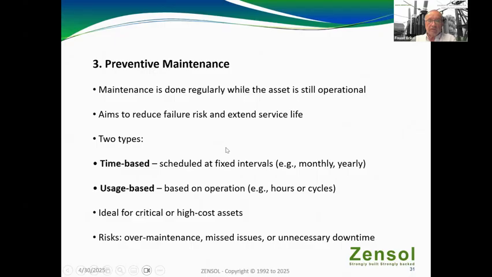The third one is preventive maintenance. Here maintenance is done regularly while the asset is still operational, and the aim is to reduce failure risk and extend service life. You have two types: time-based, scheduled at fixed intervals, like we have seen in periodicity, for example 1 year, 4 years, 8 years; and usage-based, based on operations, like the 1,000 operations on the previous slides.